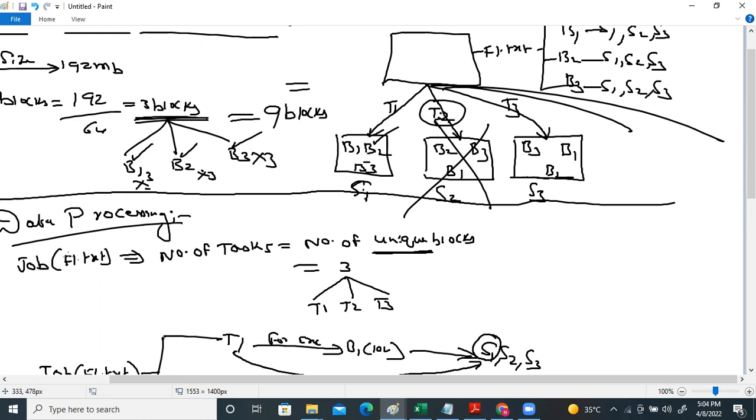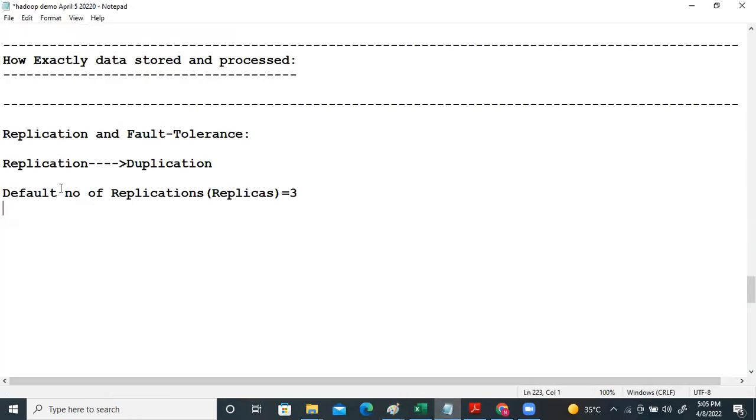Vijay, I have one question. Will this replication happen automatically, or do we have to do it manually? Yes, one second. The default number of replications is 3. We can even configure it to increase or decrease.